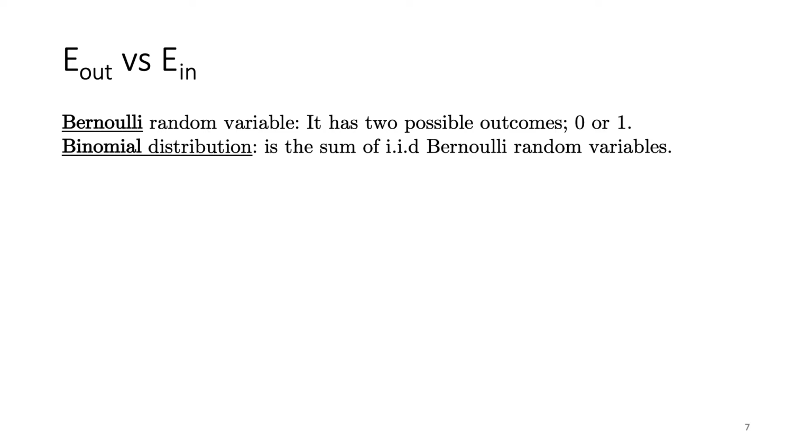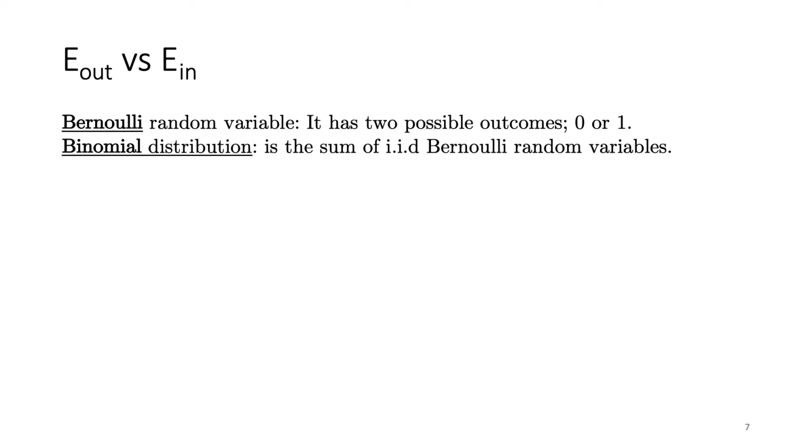There is another notion on top of Bernoulli, which is the binomial distribution. When we have a Bernoulli random variable and we sum them up in an IID manner, identically and independently, I always confuse this IID. Identically distributed and independent.